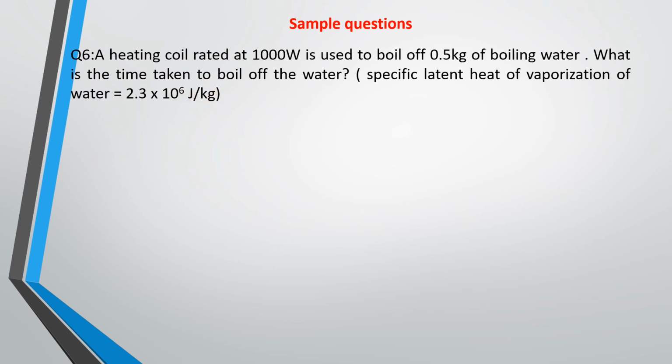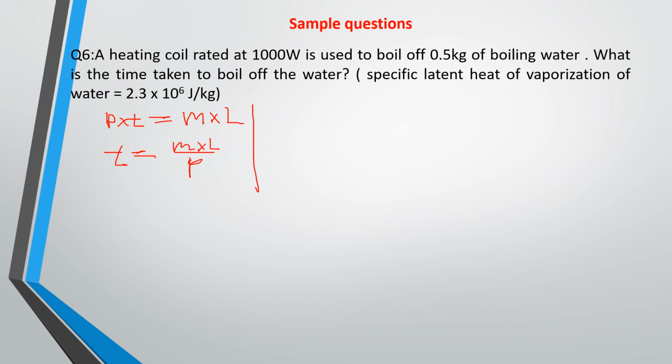So in this particular case, we said that electrical heat energy is equal to power times time equals mass times latent heat of vaporization. So time will be equal to what? Mass times latent heat all over power.